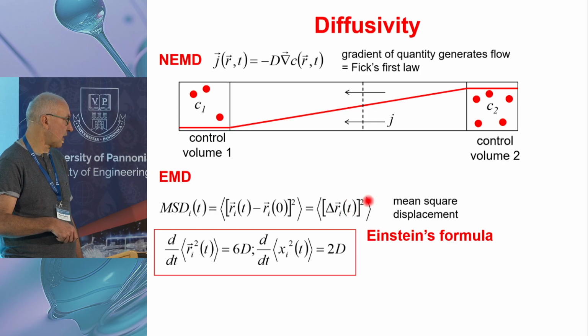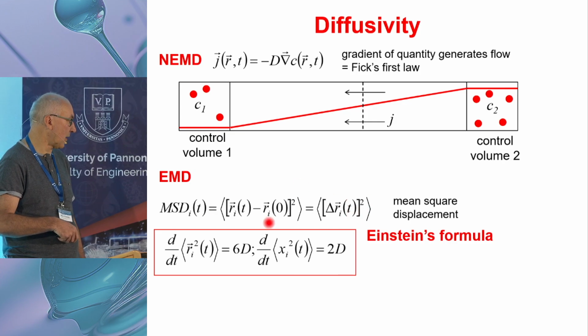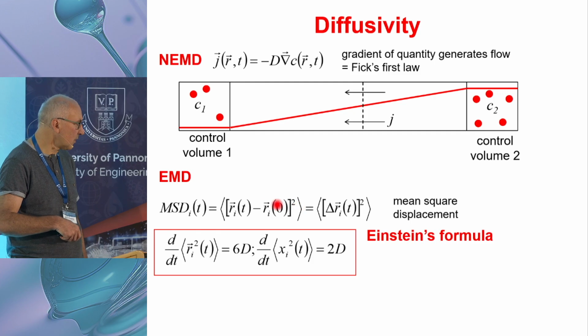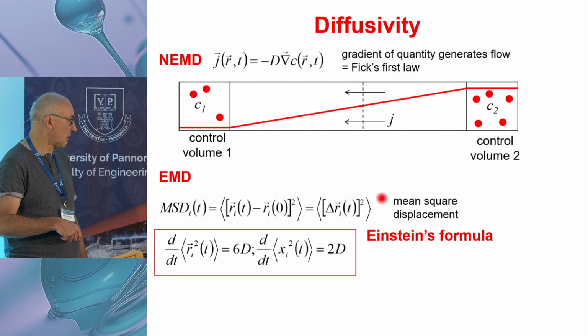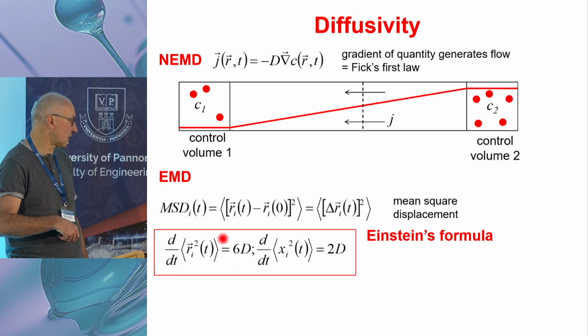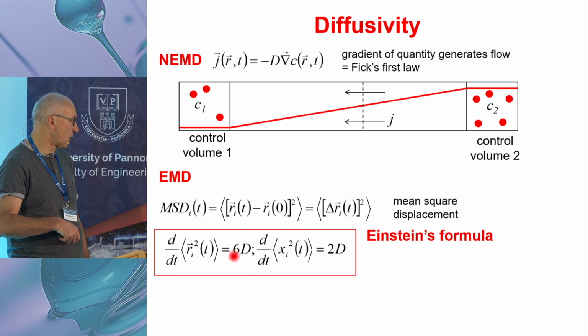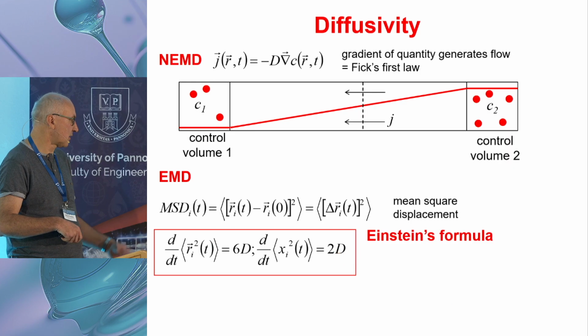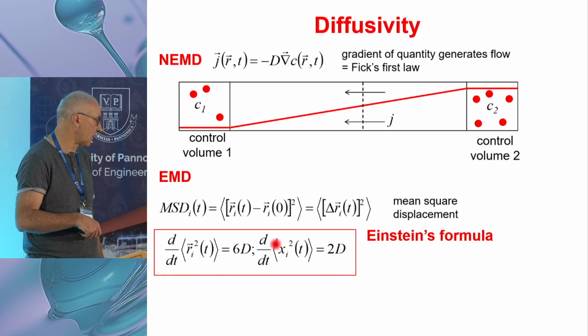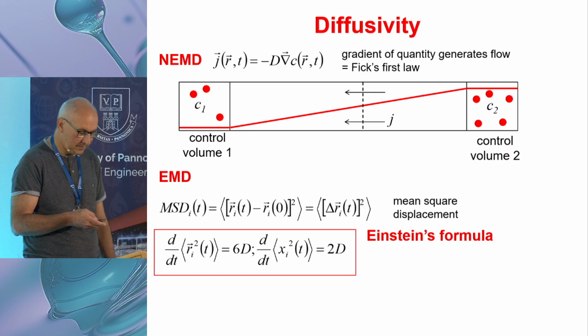And you, of course, are averaging this over all possible time starts, and you can average it over all particles of the same kind, and you get a function of this mean square displacement as a function of time. And the theory says that it should be linear, and the slope is twice the diffusivity per coordinate, or 6D if you average the whole vector.